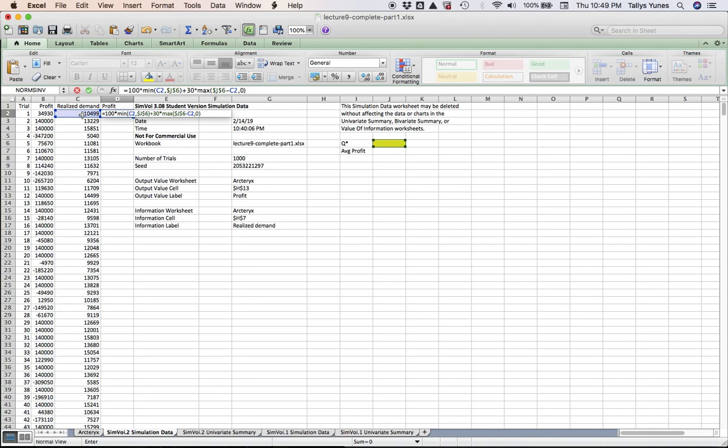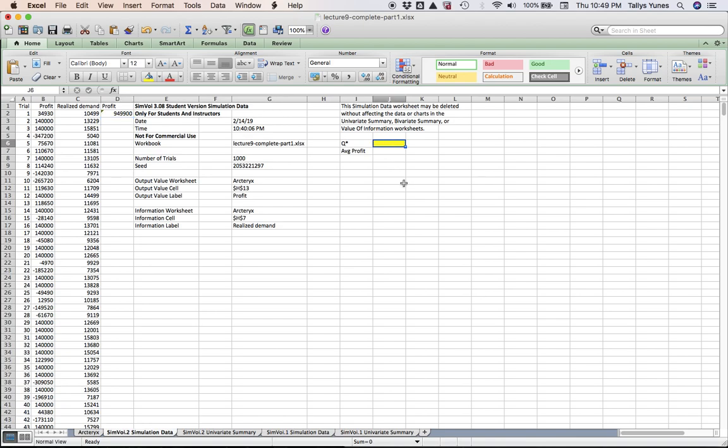So I want 0 to be there. What are my costs? It's $80 times how many I make. That's my quantity Q that I'm going to ask solver to look for, dollar, minus the $100,000 of fixed costs.